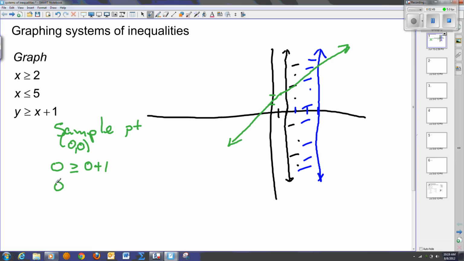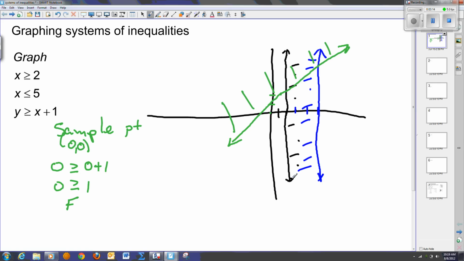Now, that yields 0 is greater than or equal to 1. This is a false statement, so I know that this point 0, 0 does not satisfy my inequality. Thus, I need to shade away from it, in the other region of the graph that would satisfy that inequality.